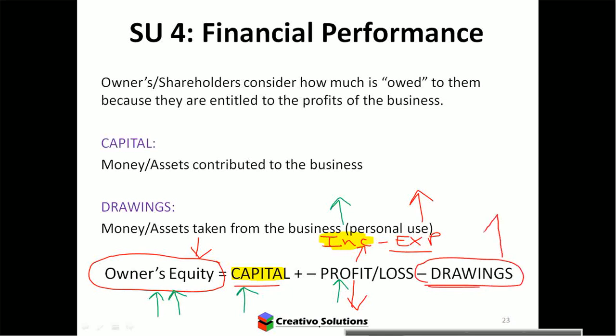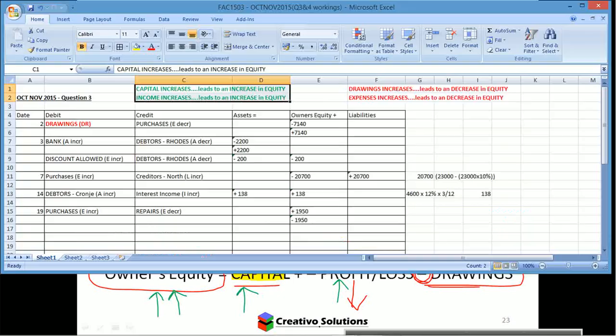If drawings goes up, what happens to owner's equity? If drawings goes up, you'll subtract a bigger amount, which makes owner's equity smaller. Does that make sense? That's why you've got that. You know the 6 different accounting elements? These are 4 of them. These 4 will affect owner's equity. Got that?